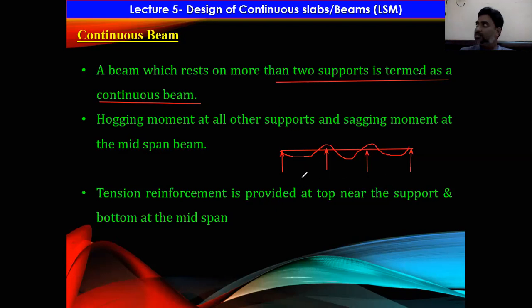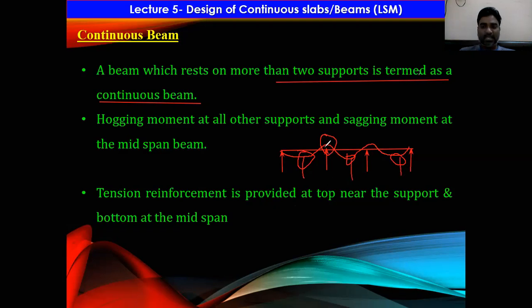Here there are two types of bending moments developed within the continuous beam. This is called sagging bending moment. This is called hogging bending moment. That means positive bending moments and negative bending moments. The positive bending moment occurs at the mid span of the beam, right? So this is the positive bending moment, that is sagging bending moment.